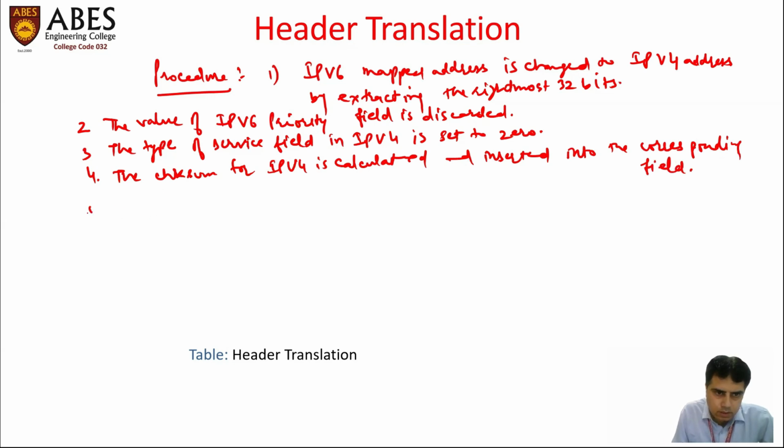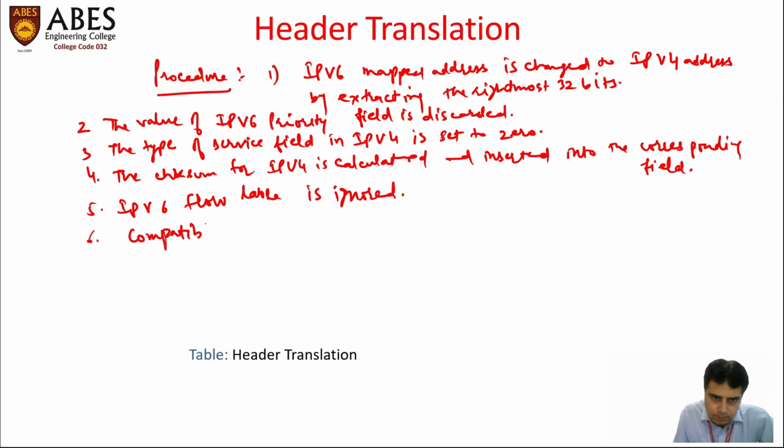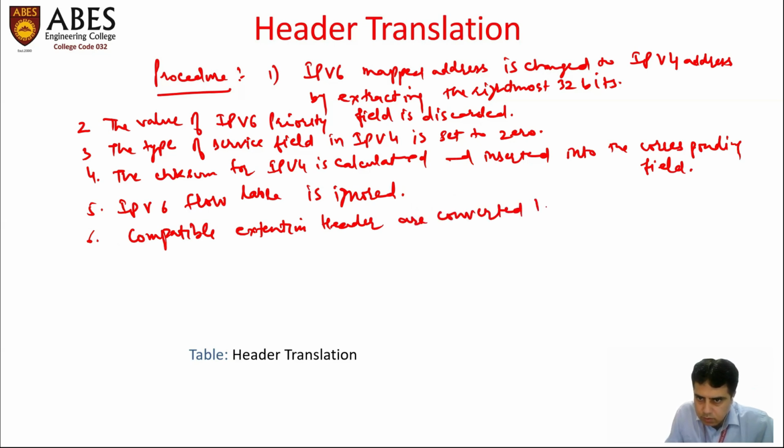Fifth, the IPv6 flow label is ignored. Sixth, compatible extension headers are converted to options.